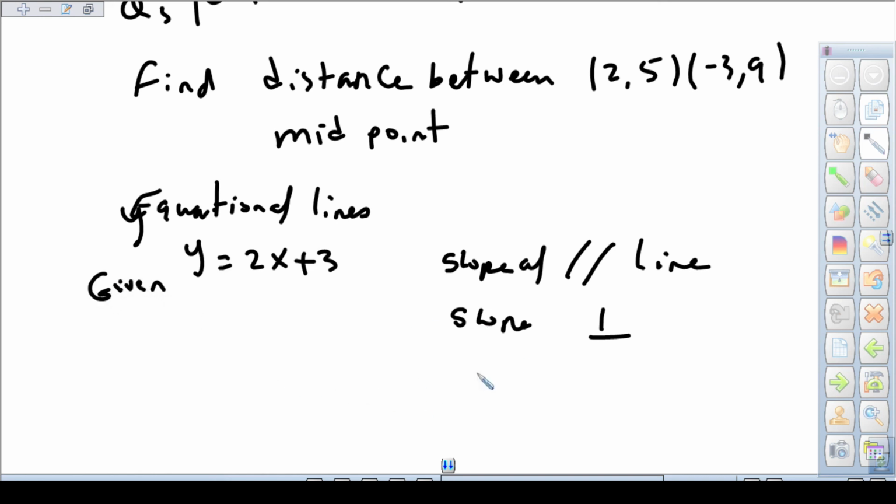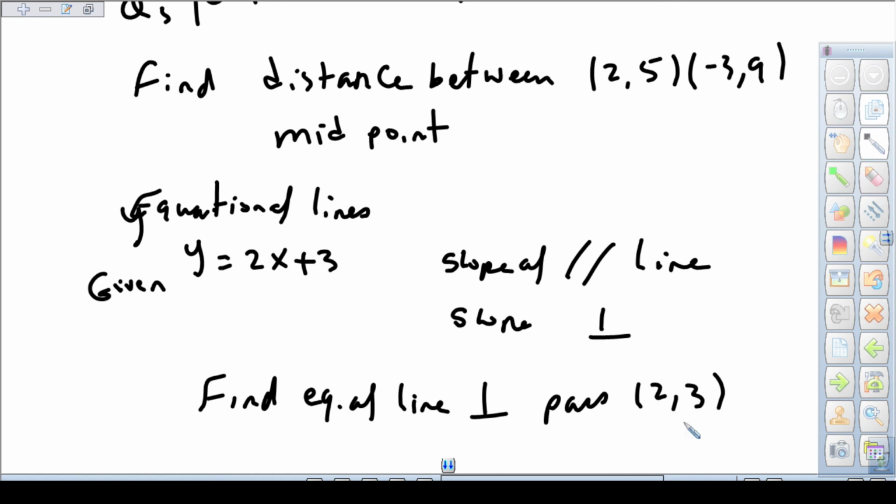So what if I asked you, given this equation here, find the equation of the line that is perpendicular to the given line and passes through, let's say, (2, 3).